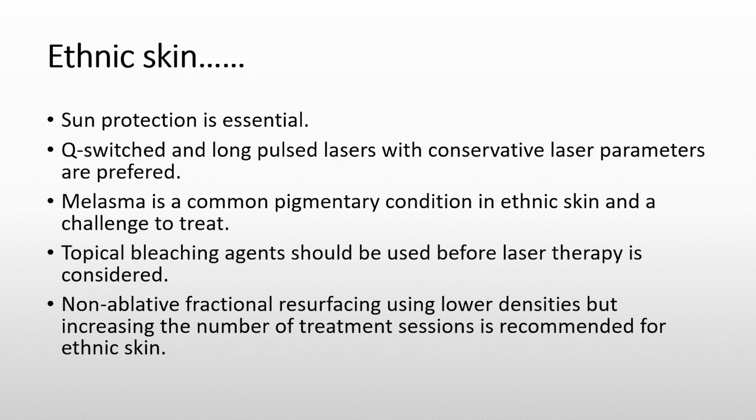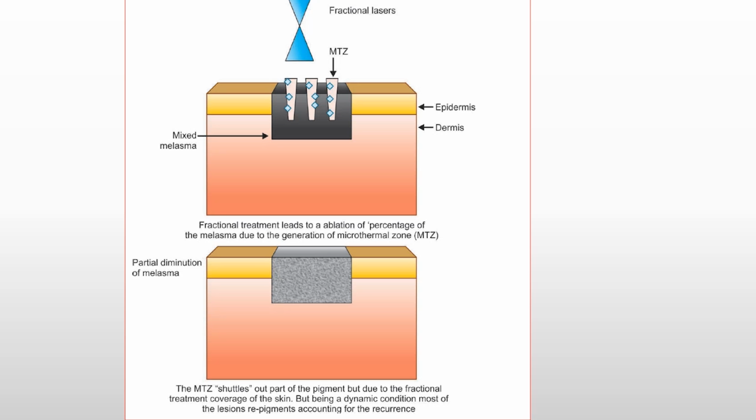Non-ablative fractional resurfacing using low density but increasing the number of treatment sessions is recommended for ethnic skin. This is a diagram illustrating how melasma is treated with fractional photothermolysis. Post-treatment, you can see a bit of dilution of the pigmentation, but since it is a dynamic condition, it will regain its color subsequently.